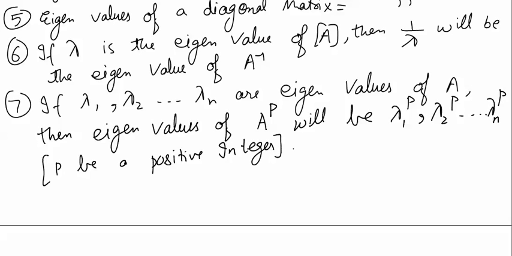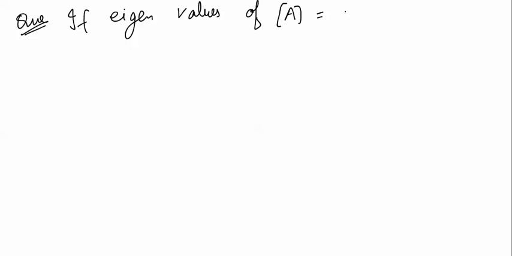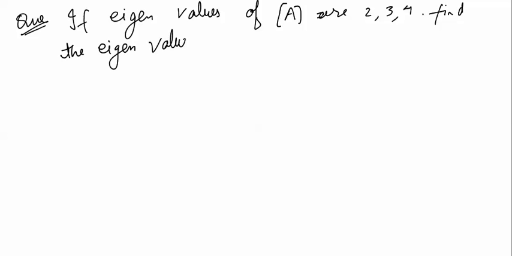For example, if the eigenvalues of A are given as 1, 2, 3, and the eigenvalues of A square are asked. Or, let's say there is a question where the eigenvalues of matrix A are 2, 3, and 4, then find the eigenvalues of A cube.